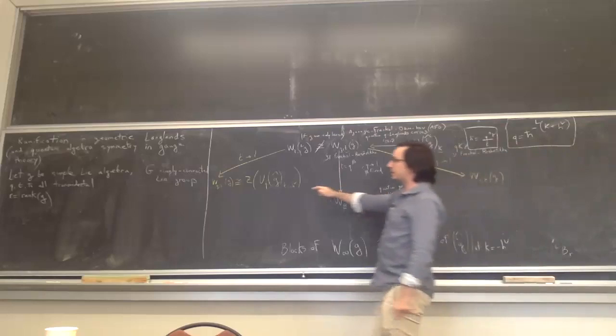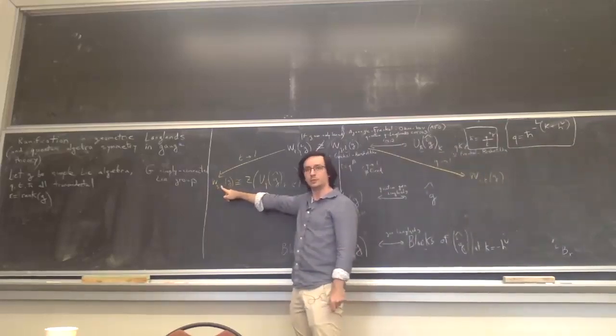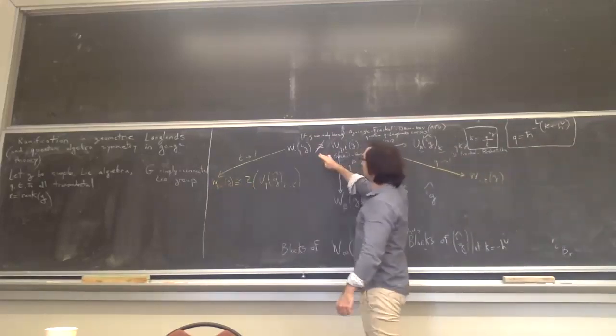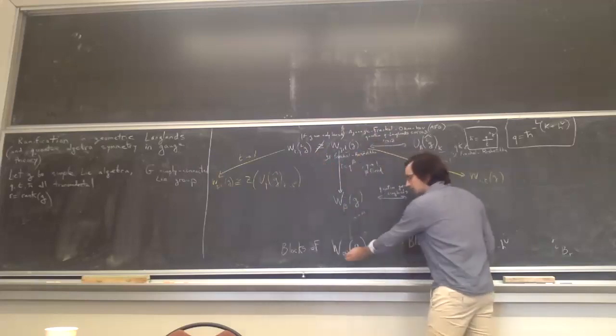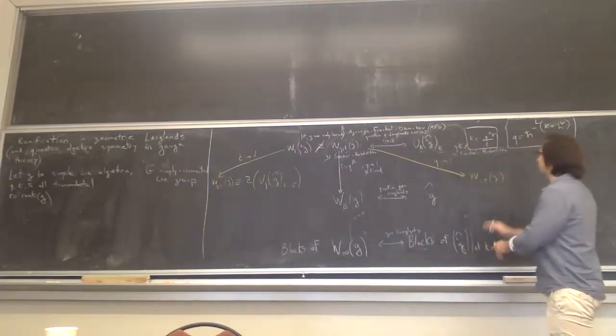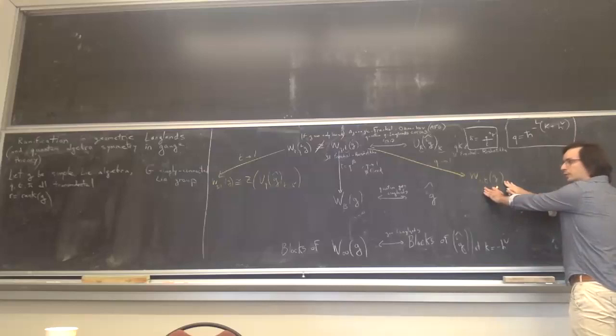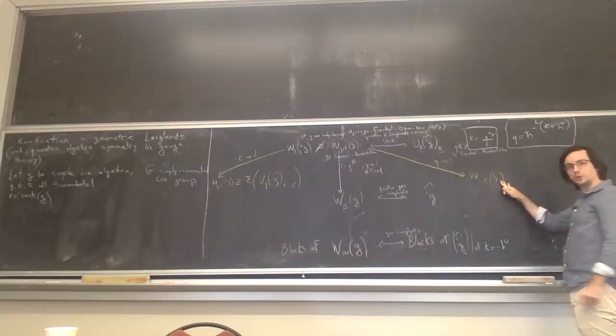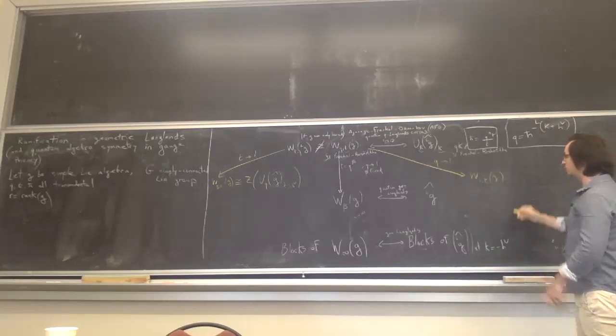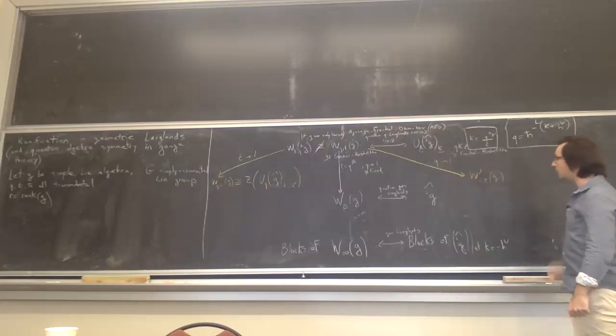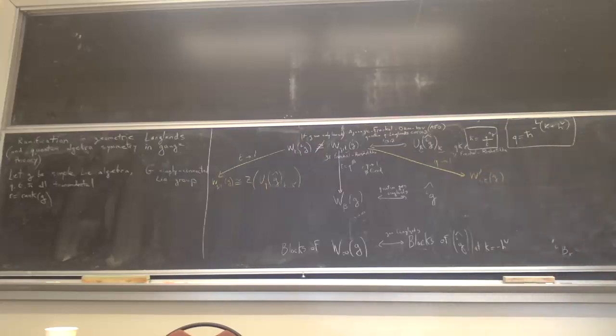So I should say that this algebra is also commutative and Poisson, so it's very nice. This one isn't. This one was commutative and Poisson. And so here I get another algebra which is not Poisson commutative if G is non-simply laced. Nevertheless, it has a subalgebra which is commutative Poisson.